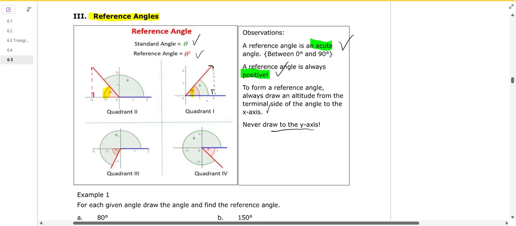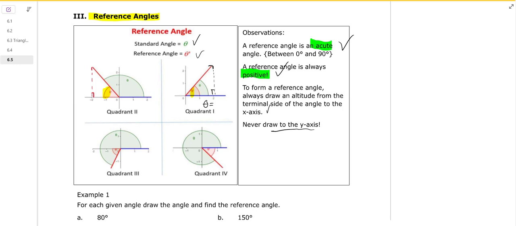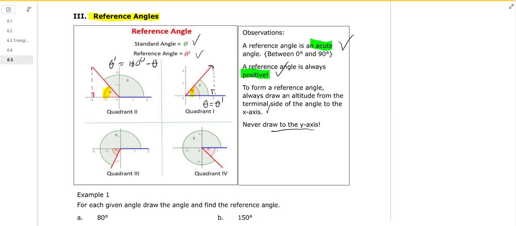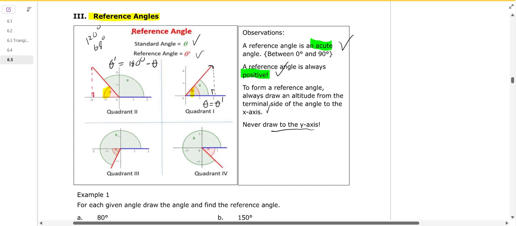If you're in quadrant 1, theta is equal to the reference angle. If you're in quadrant 2, your reference angle theta prime is found by doing halfway around the circle, 180 degrees, minus the angle that you're given. So if this was 120 degrees, your reference angle would be 60 degrees. Those would add up to 180, or halfway around the circle.